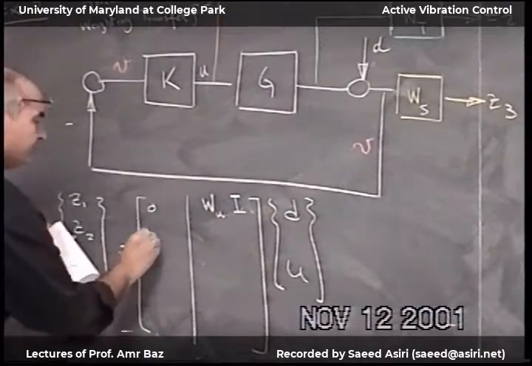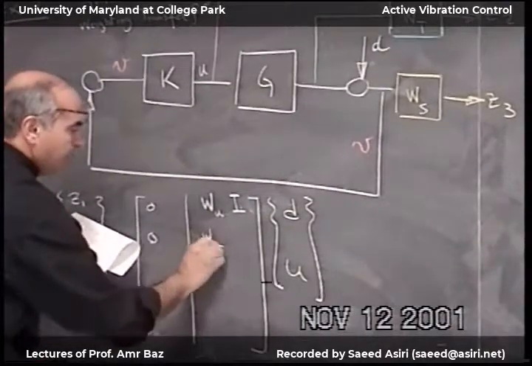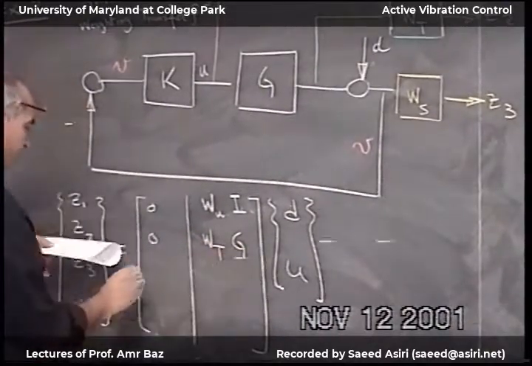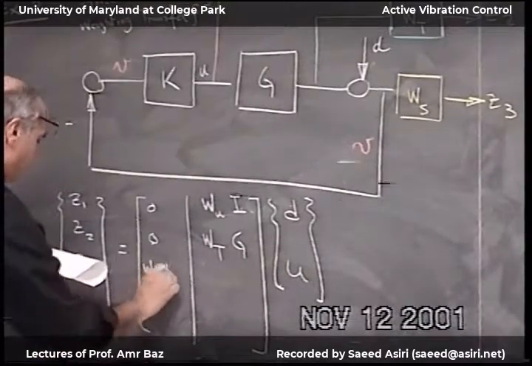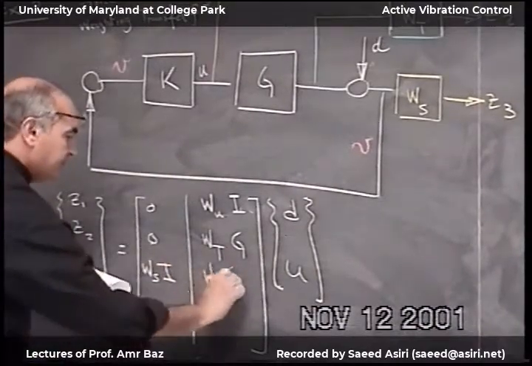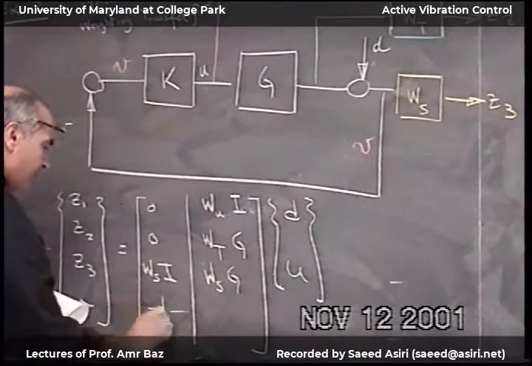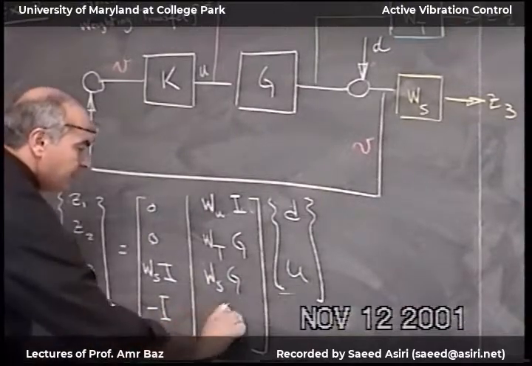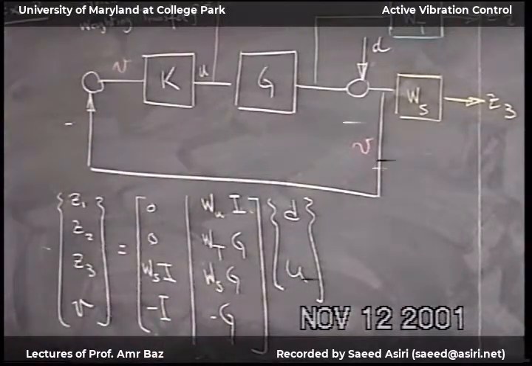And then Z2, the same story, WT times G, and then here is WS and G, minus I minus G.